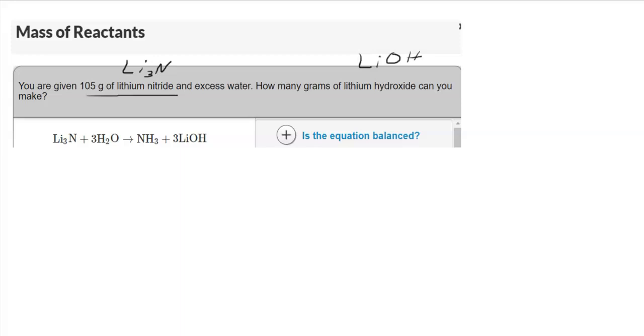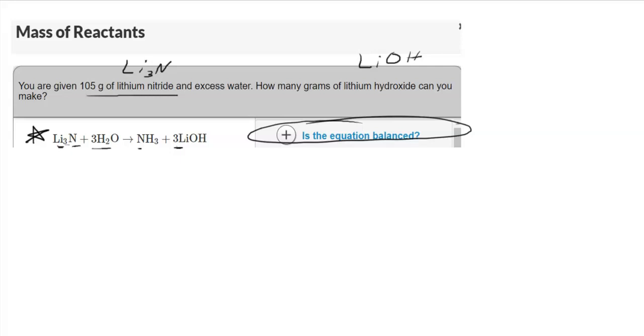Now, in stoichiometry, the very first thing you have to have, most importantly, is a balanced chemical equation. So that's why it says right here, is the equation balanced? 3 lithium on the left, 3 lithium on the right, 1 nitrogen on the left, 1 nitrogen on the right, 6 hydrogen on the left.